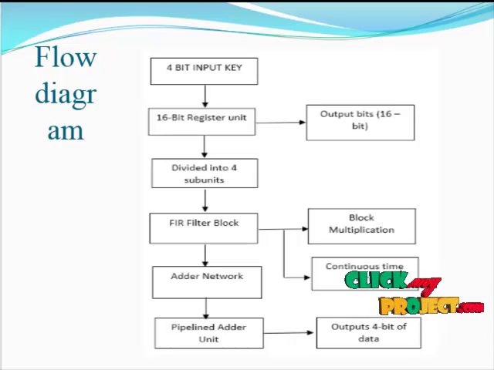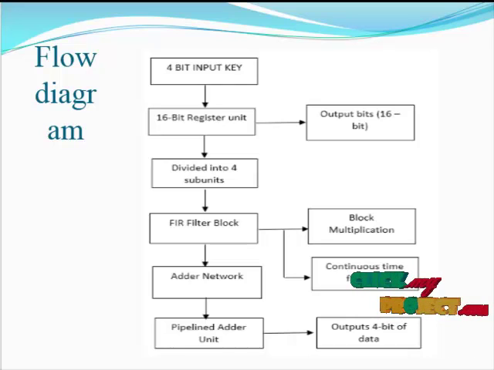The 16-bit data is divided into 4 subunits, which are given as input to the pipeline adder unit. The unit consists of D flip-flops and full adders. The first 4 bits of the 16-bit data are given as input to the D flip-flop and are full added with the second subunit of the 16-bit data.